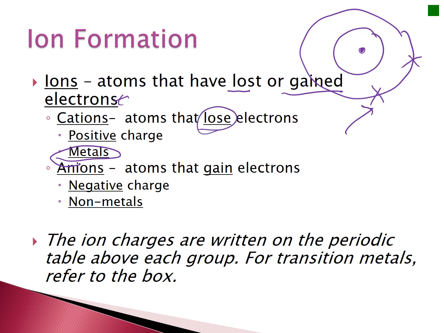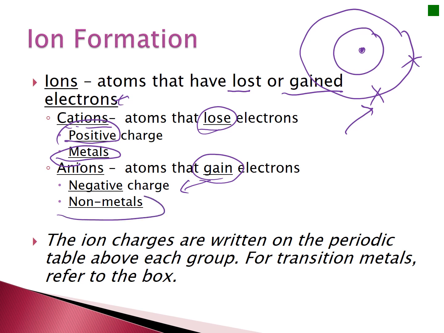And when you lose an electron, you become a positive ion. So cations are positively charged. An anion, on the other hand, comes when you gain electrons. And kind of counterintuitive, but when you gain an electron, you actually are negative. It makes sense logically when you think about it because electrons are negative and you're gaining something that's negative, so that's why you are negative. But it tends to confuse students because you're gaining something and yet you're negative.